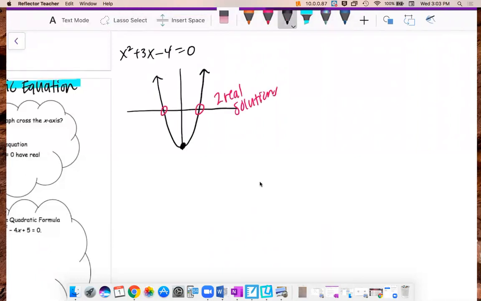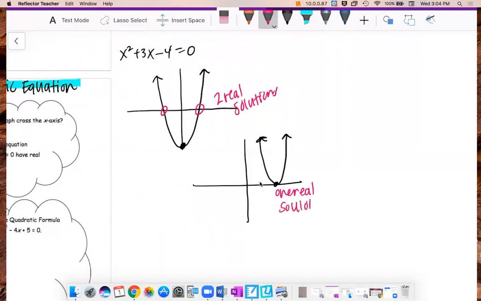Another possibility is a quadratic equation could just bounce off of my x-axis. And so that one would have just one real solution, one real place where it touches the x-axis. Oops, that's not how you spell solution. Or x-intercept, so remember those words are interchangeable.